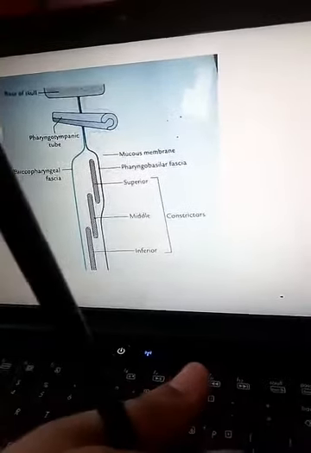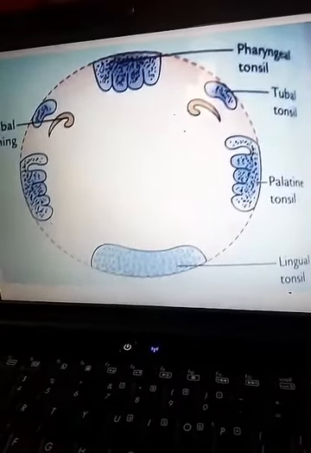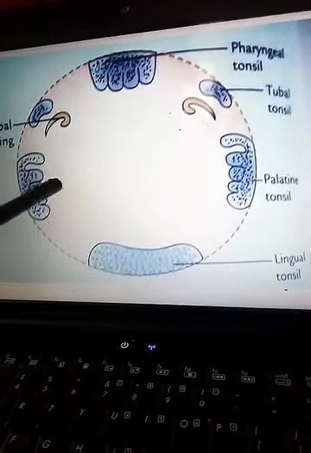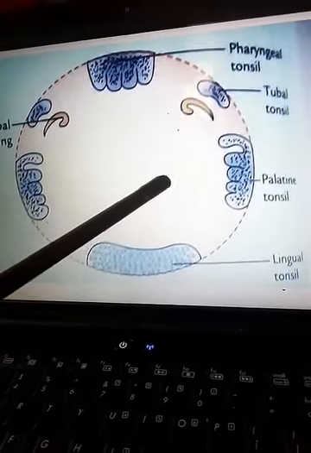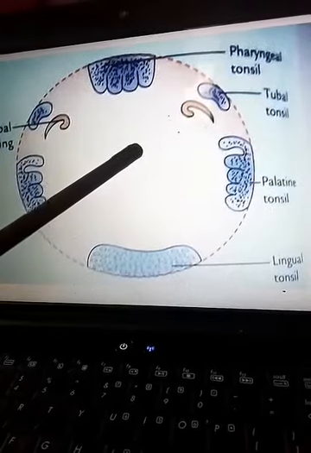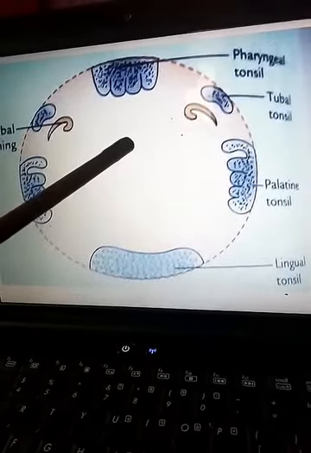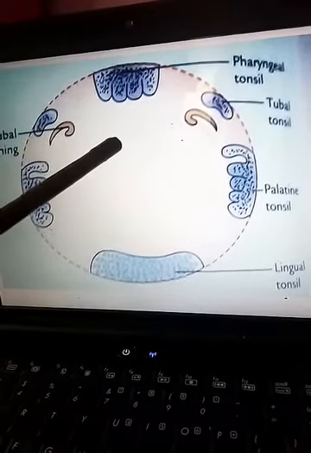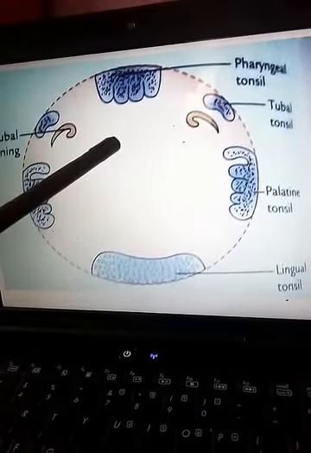Now, what is Waldeyer's lymphatic ring? It is the aggregation of lymphoid tissue underneath the epithelial lining of the pharyngeal wall. It is called tonsils. It surrounds the commencement of air and food passages.